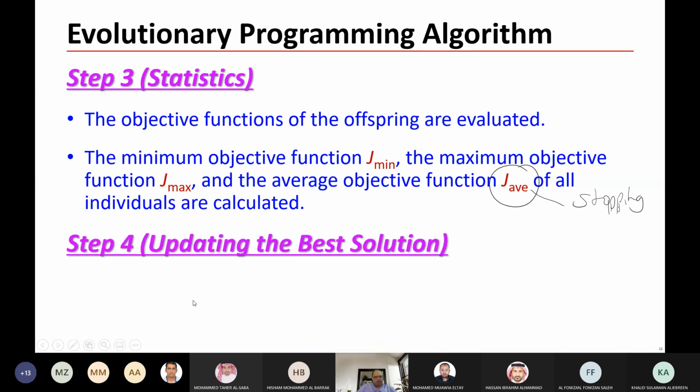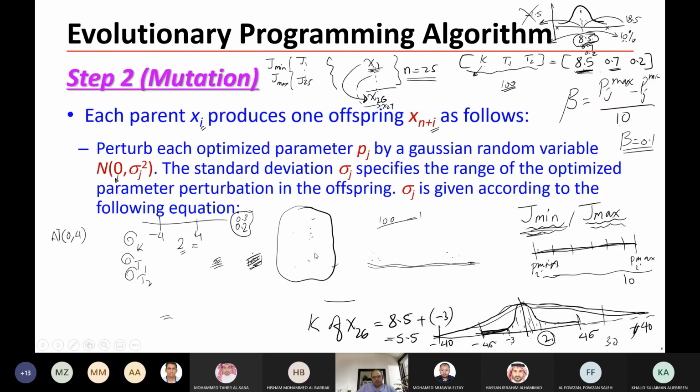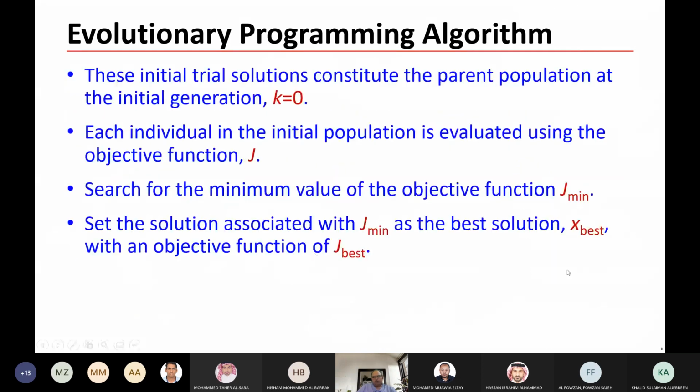Okay, so of course this is updating the best solution. This is what we do. If J minimum is greater than J best, J best is set here at the beginning. In the initial population, we have a J best and we have an X best.